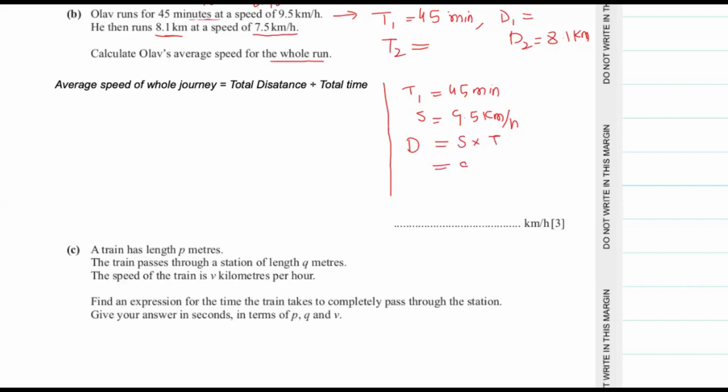Speed here is 9.5 kilometer per hour and the time here is 45 minutes. We will convert into hours by dividing this value by 60. We get this value in hours. We can divide this fraction by 15. 15 times 3 is 45, 15 times 4 is 60. We write here this value is equal to 0.75.